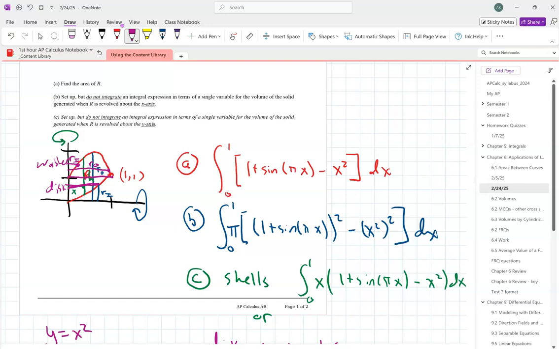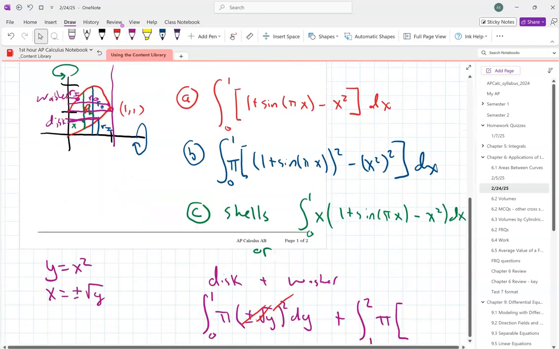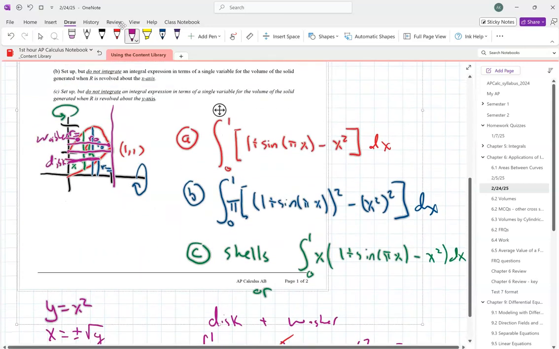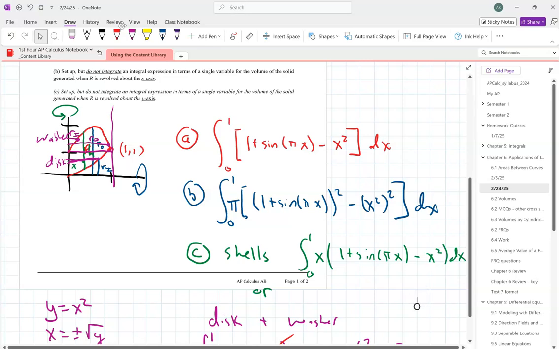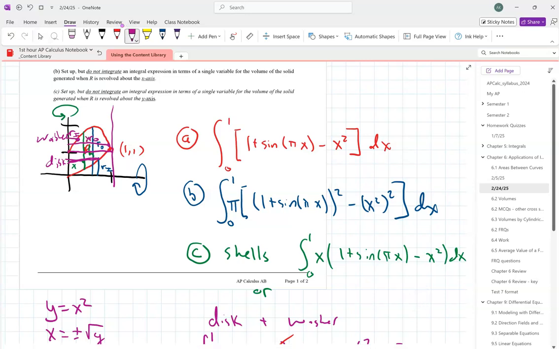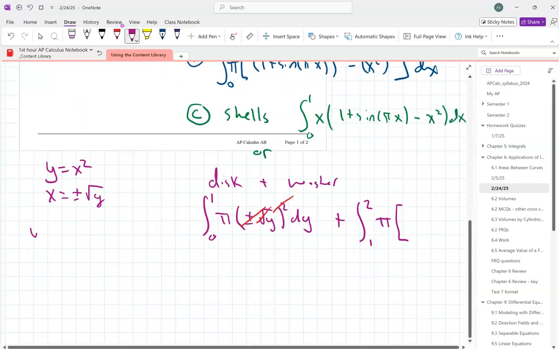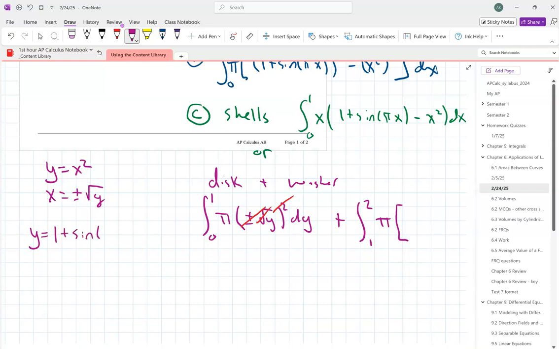So the R outer is going to be 1 minus that x value, and my R inner is just going to be the x. Again, for the other piece, I have 1 plus sine pi x.